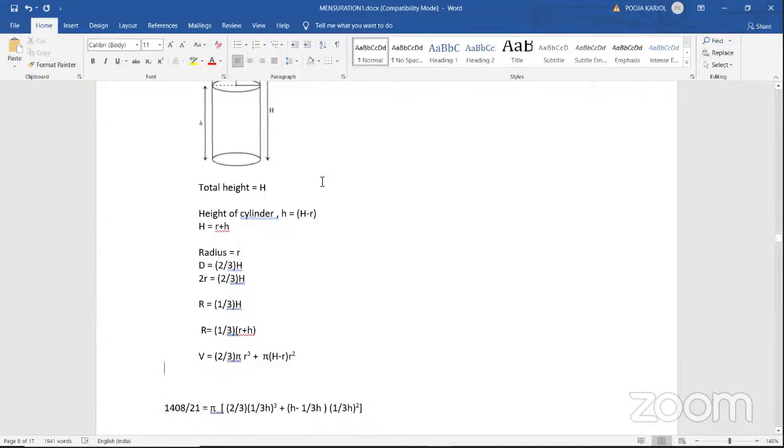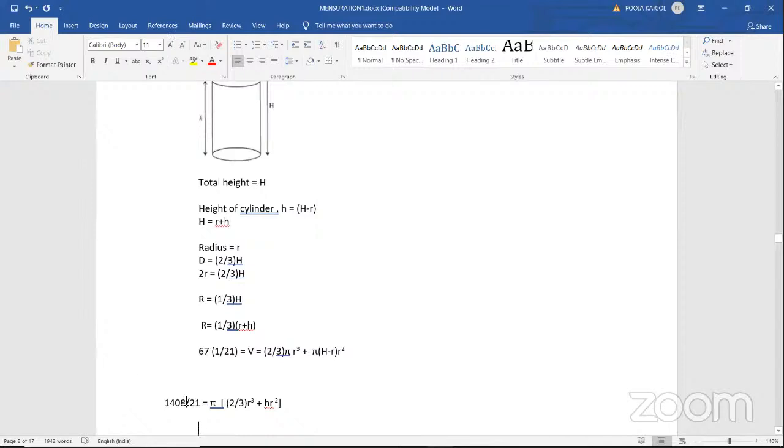1408. Okay, the 67, 1 by 21 can be written as 1408, 67 into 21 plus 1 by 21. Is equal to pi into 2 by 3. I have taken outside 2 by 3 r cube plus pi into h into r square.